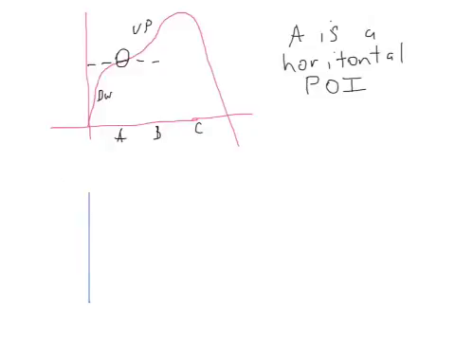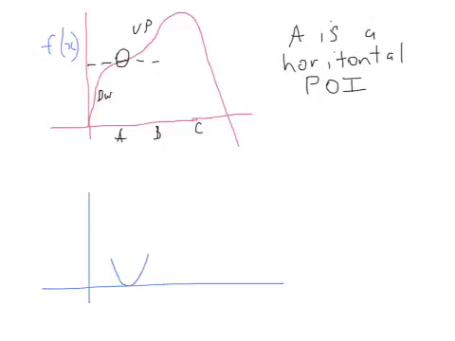And the second part here, you're asked to sketch a possible gradient function for y equals f(x). Again, if I've got a horizontal point of inflection, it means it's both a turn and a point of inflection. We know a point of inflection here on our function f(x) is going to be a root down here, but it's both a root and a turn, so it'll be something like this.